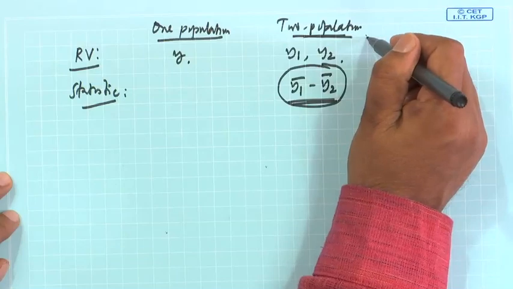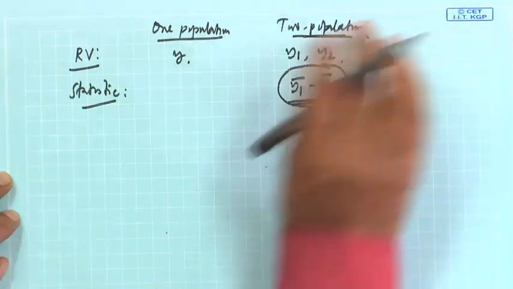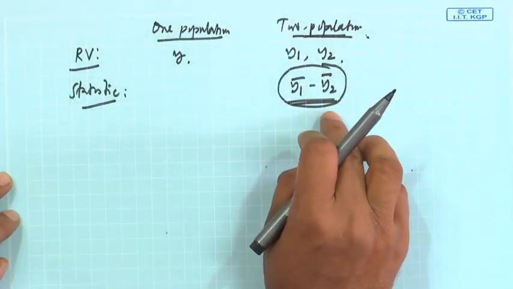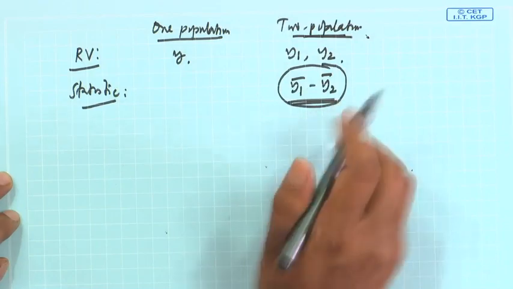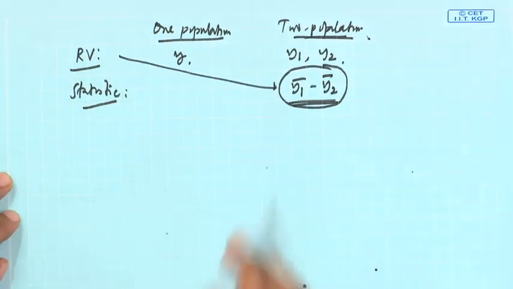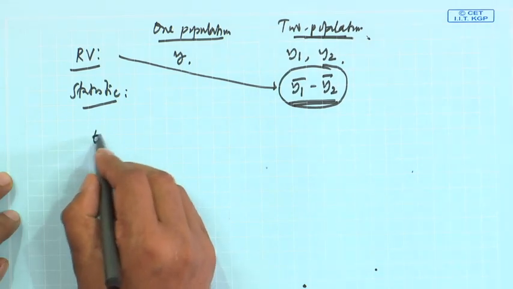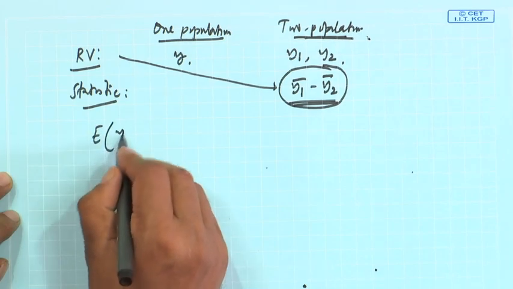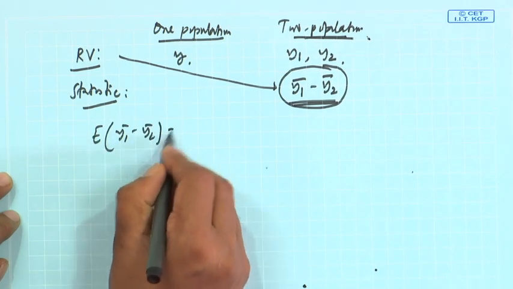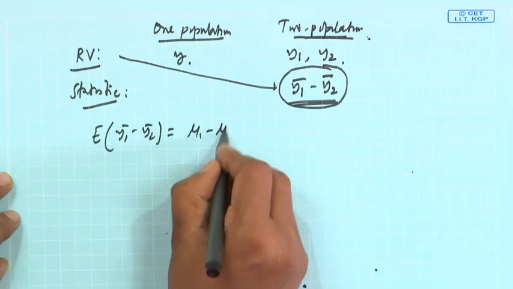From the objective's point of view, we want to see the difference between two population means. This is our random variable of interest. What do you want to know? You want to know the expected value of y1 bar minus y2 bar, that will be mu 1 minus mu 2.